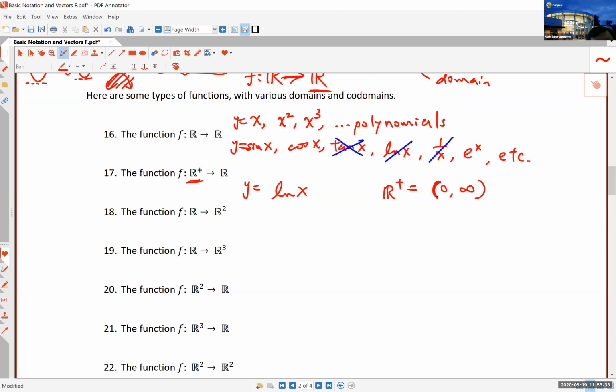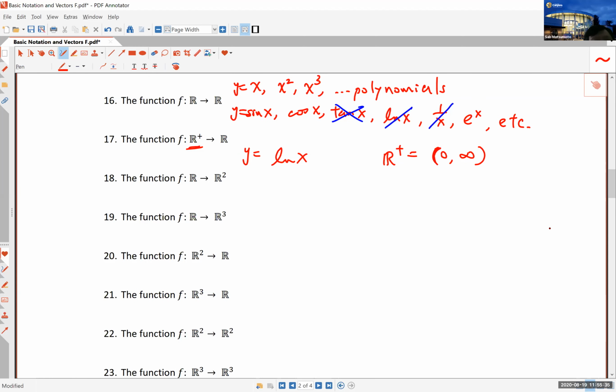Now, in chapter 3, we'll be learning about these functions here. Let's say f of t could be something like cosine t, sine t. This is basically a parametric function that you have studied before. And you notice here the value is actually a point in a two-dimensional plane, right?